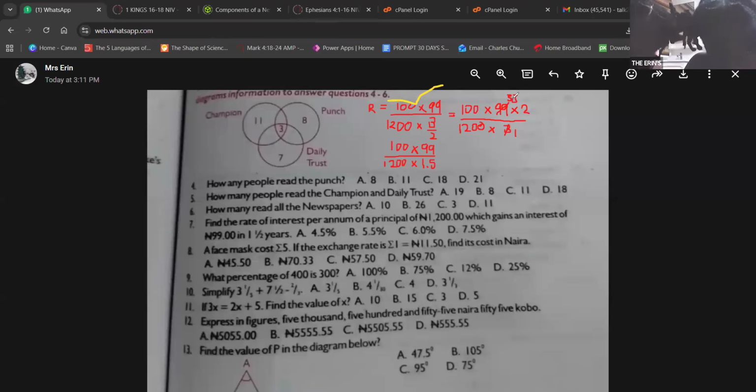It gave me 5.5%. So that is 5.5%, is it B? He gave you what percent? 5.5%. This is the one that we did.